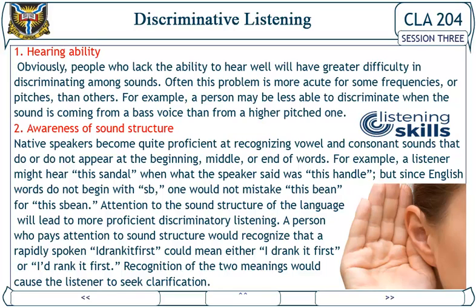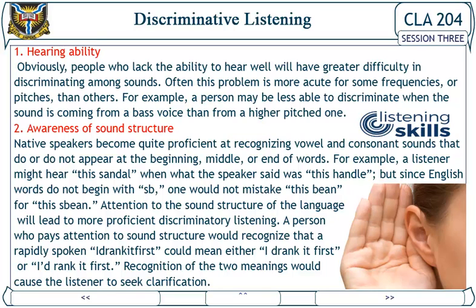Awareness of sound structure. Native speakers become quite proficient at recognizing vowel and consonant sounds that do or do not appear at the beginning, middle, or end of words. For example, a listener might hear "this thunder" when what the speaker said was "this handle."